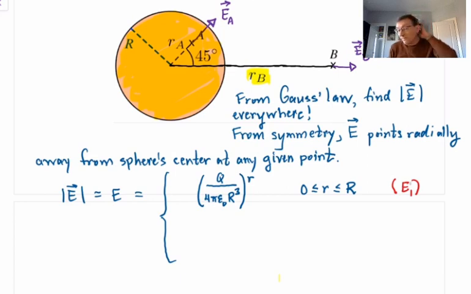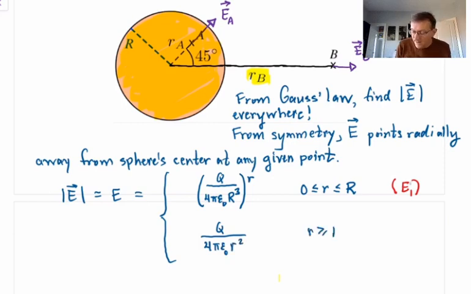What do we get for the electric field magnitude at any point outside the sphere? That one's an easy one. Although you can use Gauss's law to get it, you can also use the shell theorems and collapse the whole sphere down to a point particle at its very center, and then the electric field of a point particle is the charge, big Q, over 4 pi epsilon 0 little r squared.